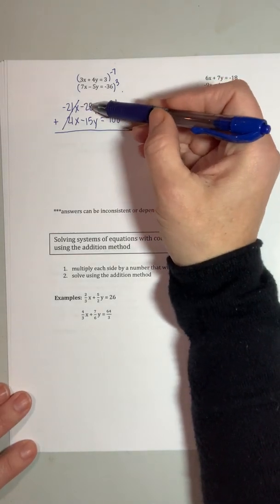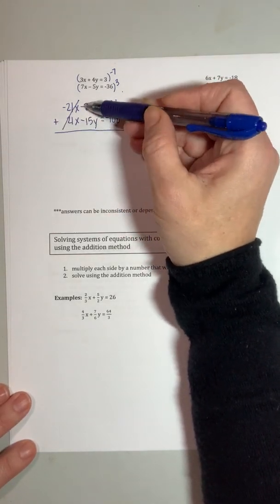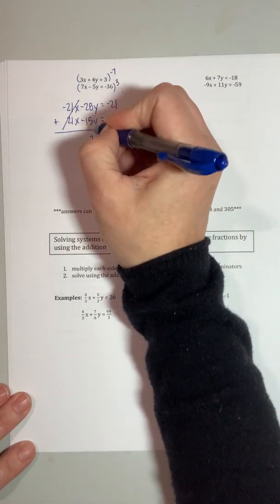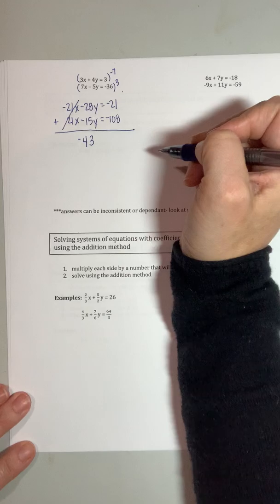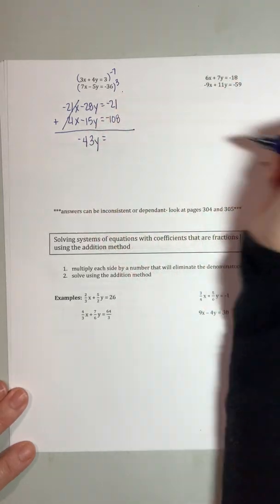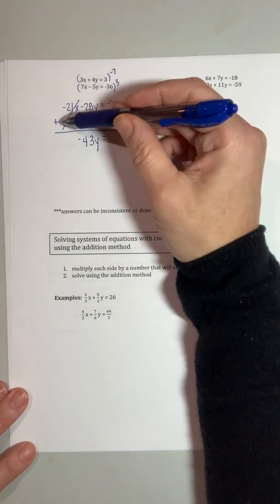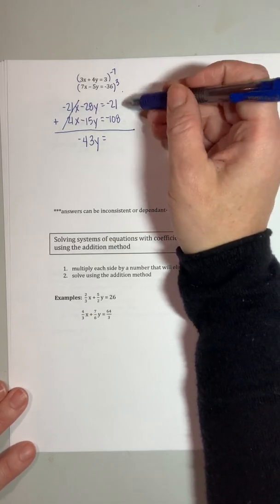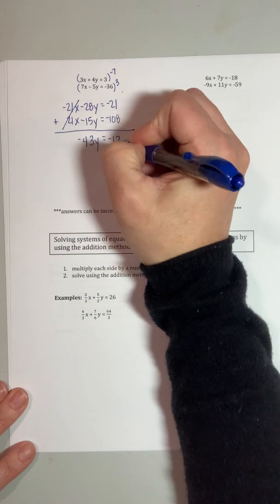So now I have negative 28 plus negative 15. That's two negatives, and when you have two negatives, you add. So we get negative 43. And this is negative 21 and negative 108. That's another two negatives, so it's another adding. So negative 129.